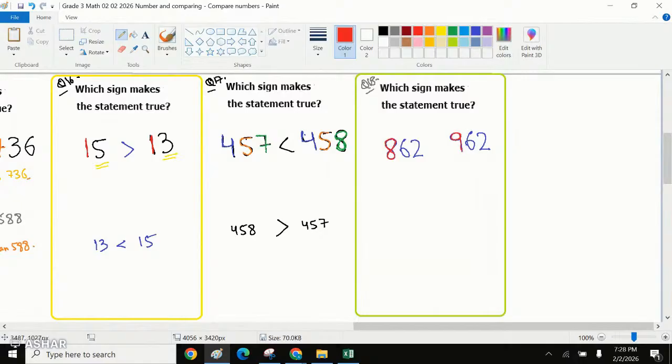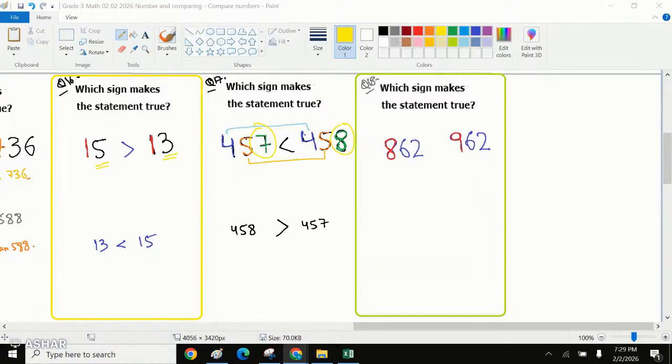And since in the previous case the hundred position was same, we could not compare. The tens was same, so we could not compare. Therefore, we compared the units position. But in question number 18, what we can say is 8 and 9 on the hundreds position are not equal. Sorry.